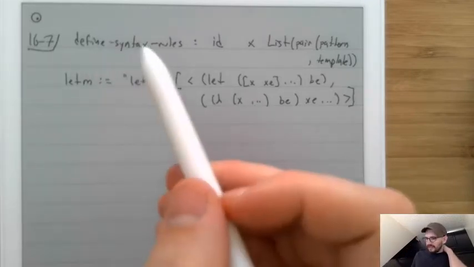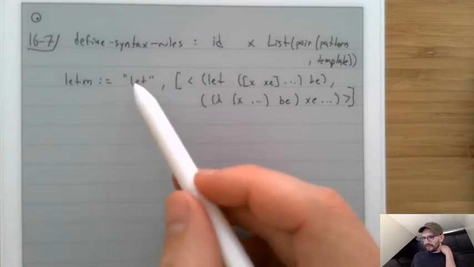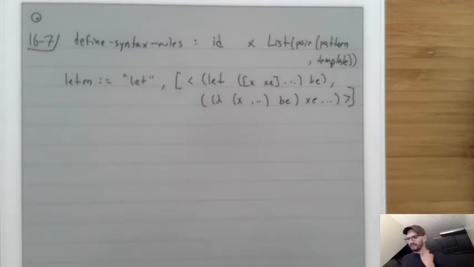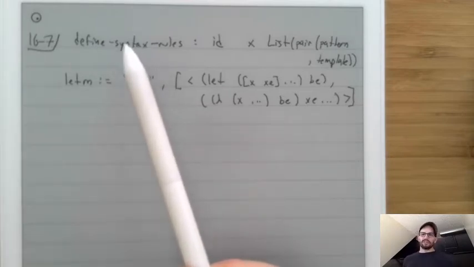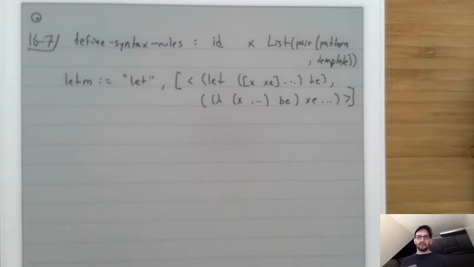So define syntax rules has these two pieces, the name and then the patterns. And then what's going to happen is that our desugarer is going to see define syntax rules, and it's going to add these to a little database that it has. It has a little database of all the different defined syntax rules or macros that's been defined.